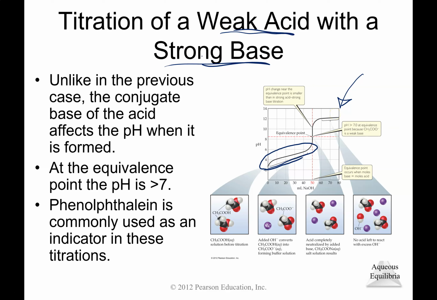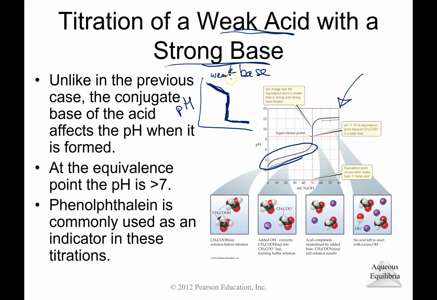Now remember, this is a weak acid with a strong base. The inverse would also look very similar. But instead of seeing this particular graph, we might see a weak base has a really steep leveled off area with that equivalence point area in between, and then a very flat acid part. Remember, if we flip this, we're talking about the weak base.